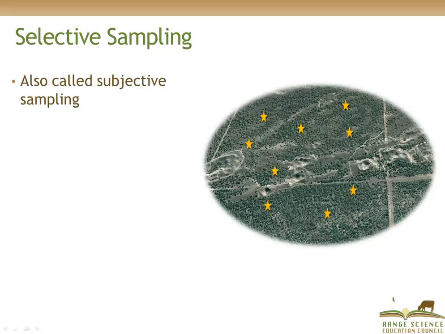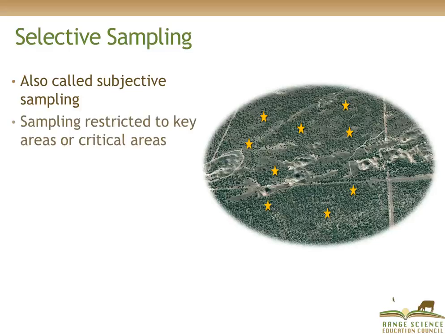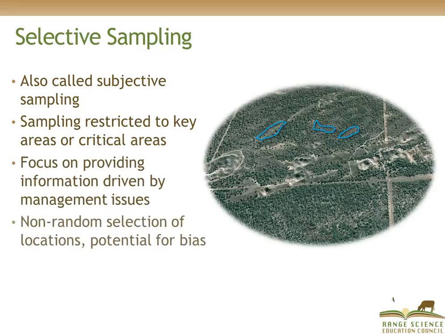Selective sampling, also called subjective sampling, is when sampling is restricted to key or critical areas. We use this when the focus is on providing information that's driven by very specific management issues.